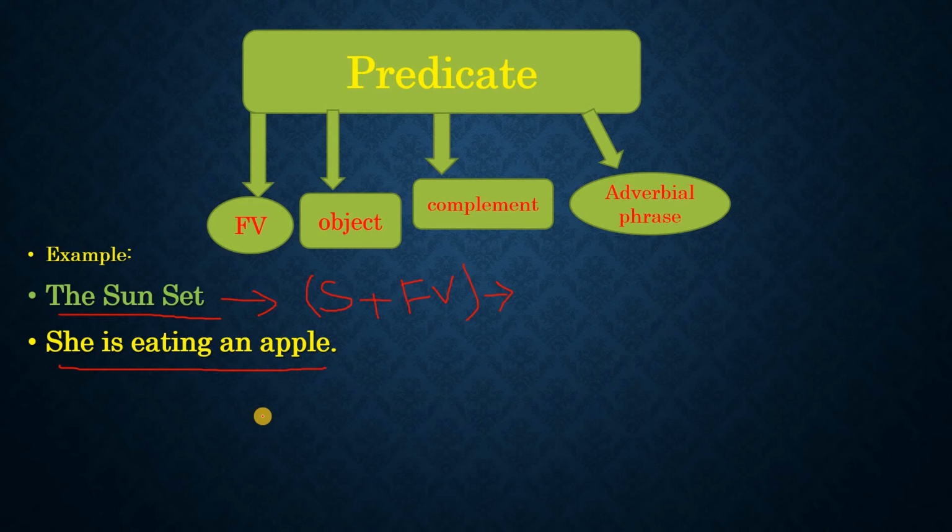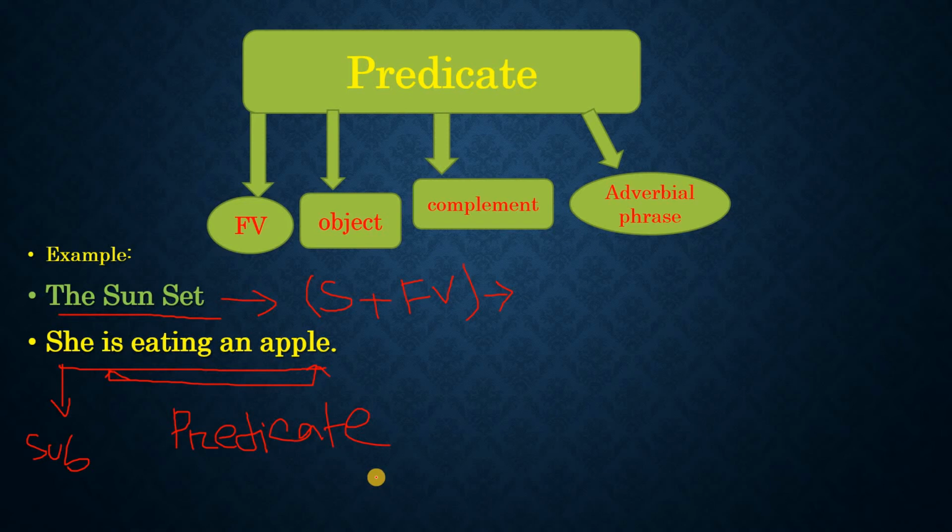So dear students, try to find out which things have been used in the predicate part. Already you know that she is the subject, and is eating an apple is the predicate part. In the predicate part, there are some elements included.